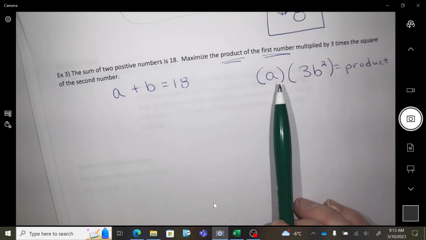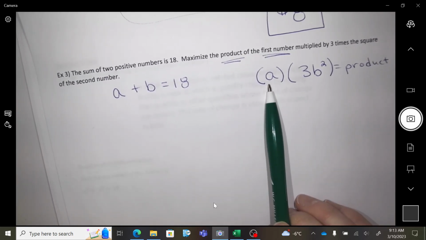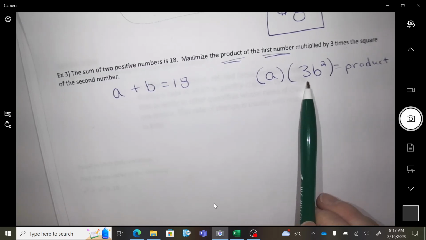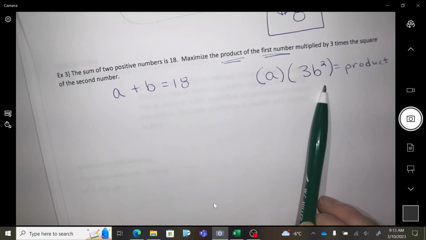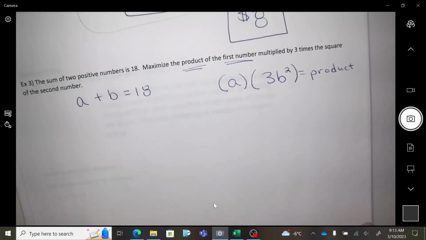Did I write that right? The first number multiplied by 3 times the square of the second number. Okay, this is the same as the area problem, exact same.